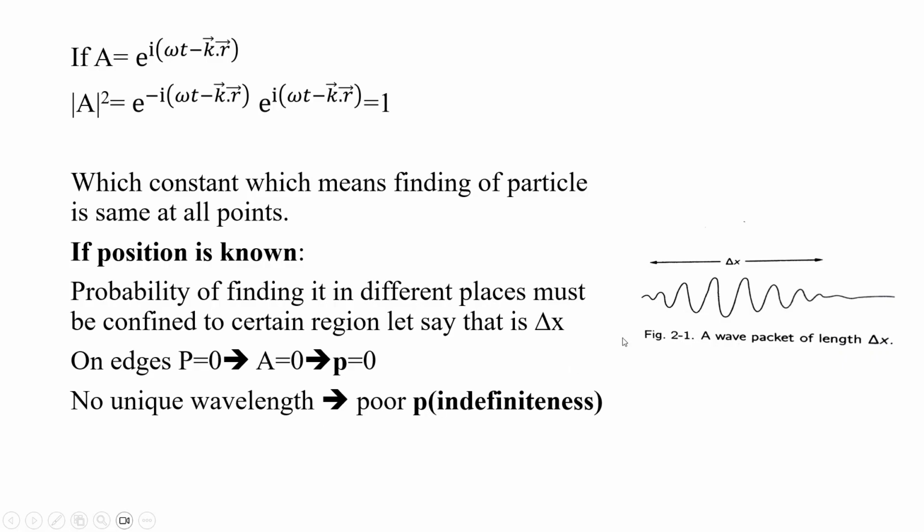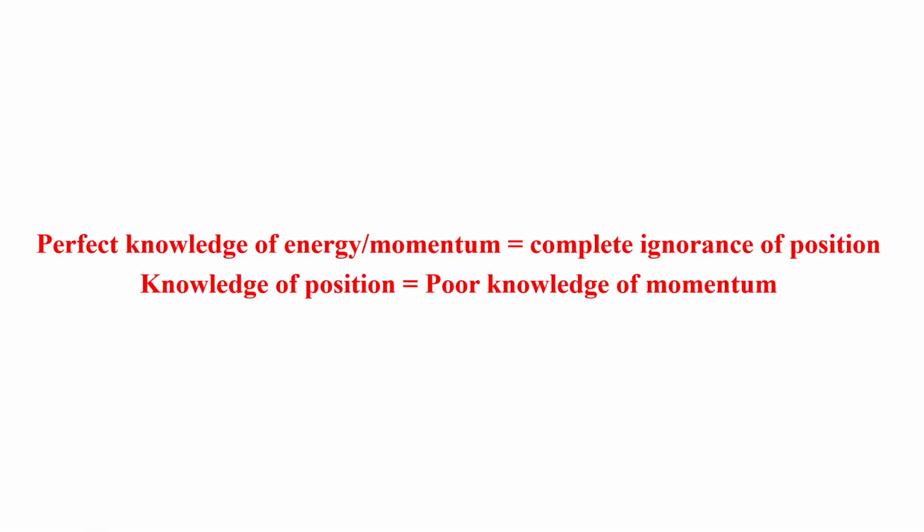So there is no unique wavelength, as you can see, which means we have poor knowledge of the momentum. So what can we conclude? That perfect knowledge of energy or momentum means complete ignorance of position, and if we have knowledge of position, we have poor knowledge of momentum.